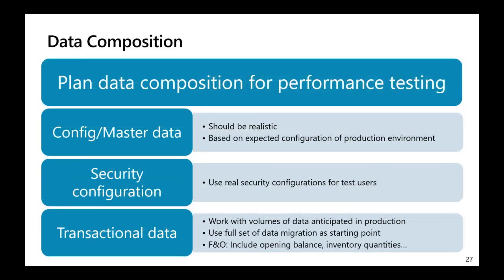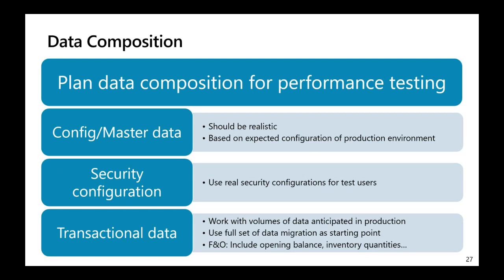Data composition. It's important to plan the data composition used for performance testing. The configuration of the system should be realistic and based on the expected configuration of the production environment. So use real security configurations for the test users. And for the transactional data, work with volumes of data anticipated in production.